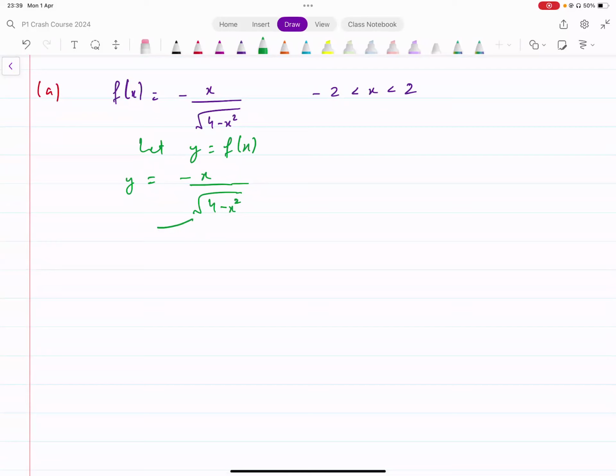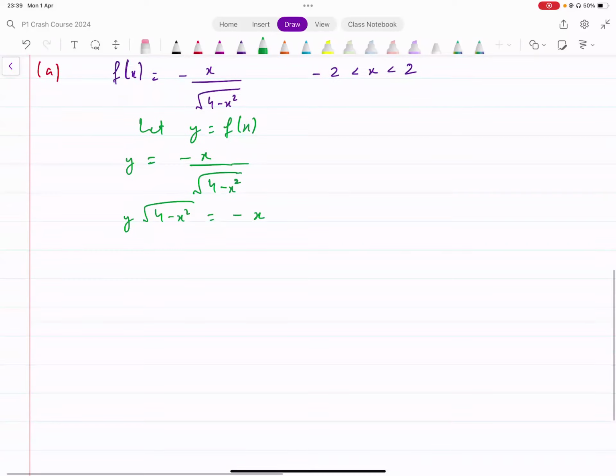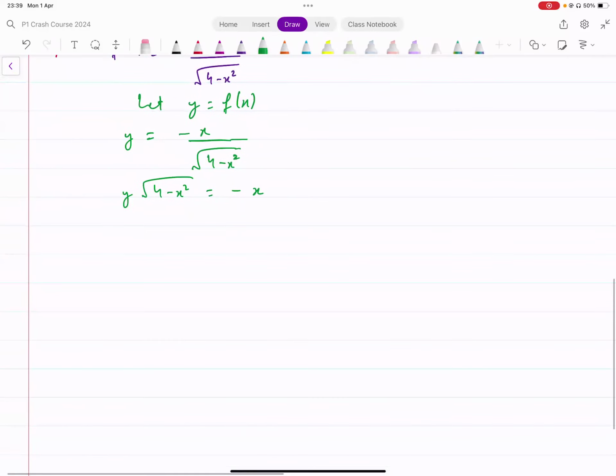You can take the square root to the other side so that it becomes y into square root of 4 minus x squared equals minus x. Square both sides. You end up with y squared into 4 minus x squared on one side, and on the other side, minus x whole squared. So the negative sign is going to get removed, and it becomes x squared.